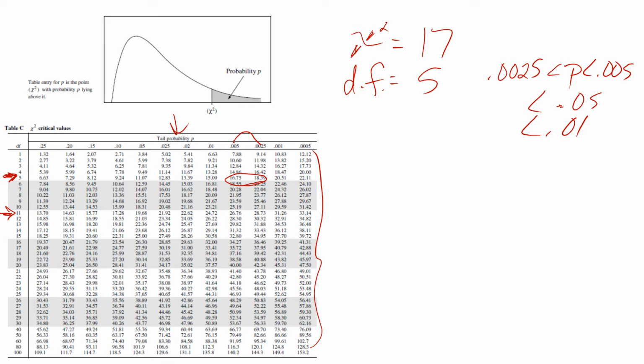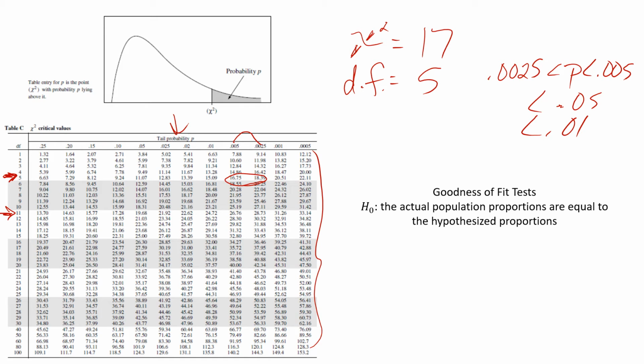That's the probability of getting the results that we got if the null hypothesis is true. So what is the null hypothesis for goodness of fit tests? The null hypothesis is the actual population proportions are equal to the hypothesized proportions. And then the alternative hypothesis is they're different than the hypothesized proportions.